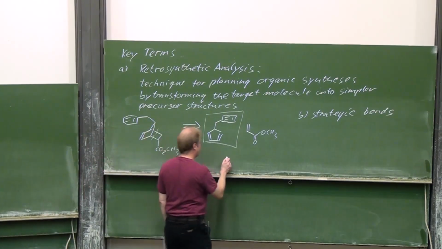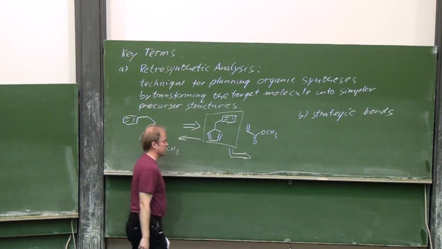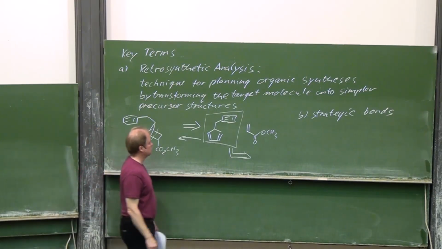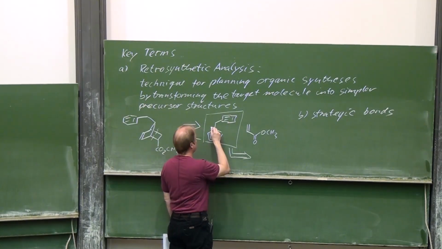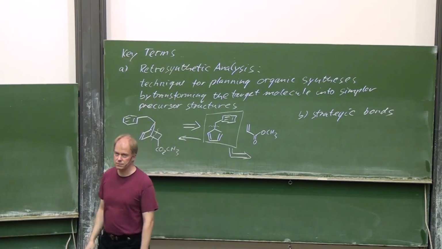And now, again, a retrosynthesis arrow has to be drawn, and we would have to disconnect another bond. Well, take one which is rather central.